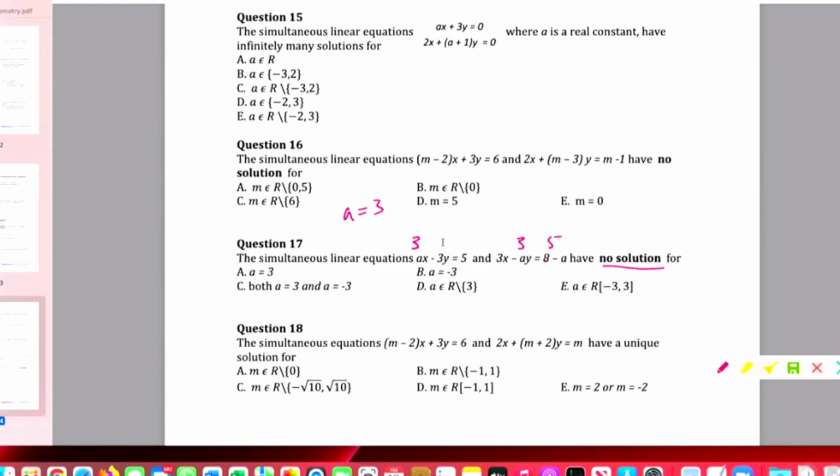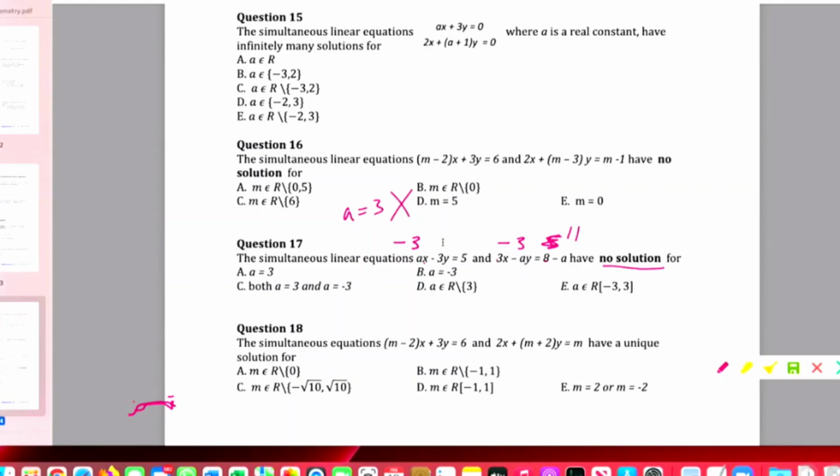If everything is matching, there are infinitely many solutions because they are on top of each other. So A is equal to 3 is wrong. A is equal to minus 3. If you put minus 3 here, you get minus 3x, minus 3y, and you put minus 3 here, so this is going to be 11.